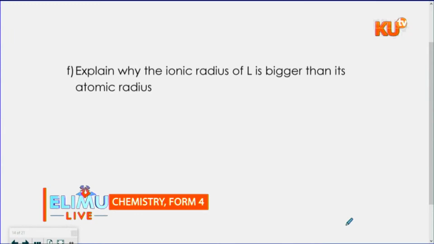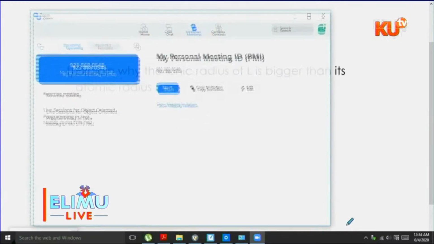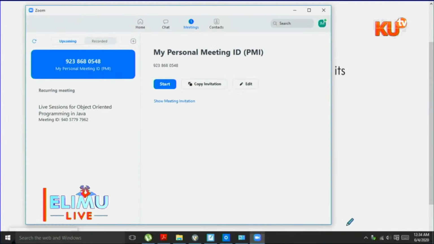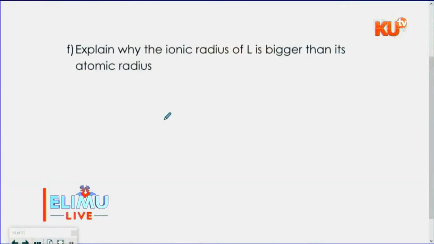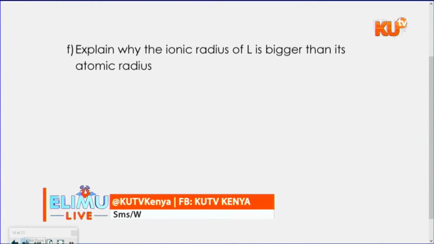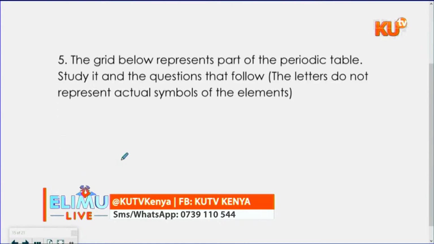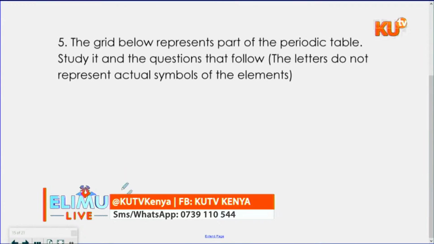That was the last question, and I said it forms an ion by gaining or losing electrons. So L is bigger because it's a metal, and N has a small ionic radius because it's a non-metal.